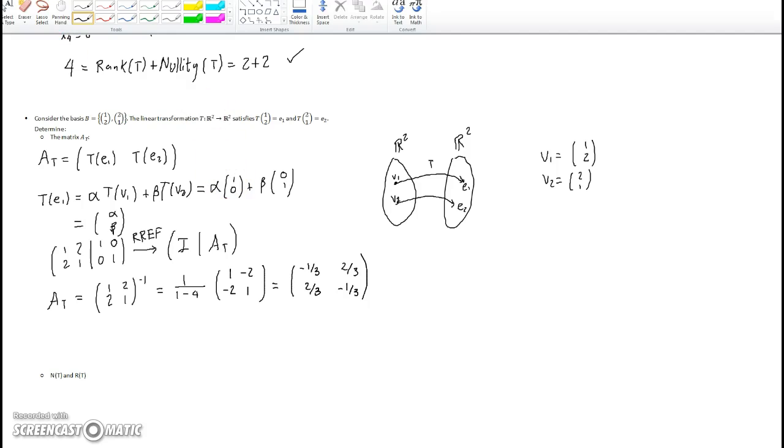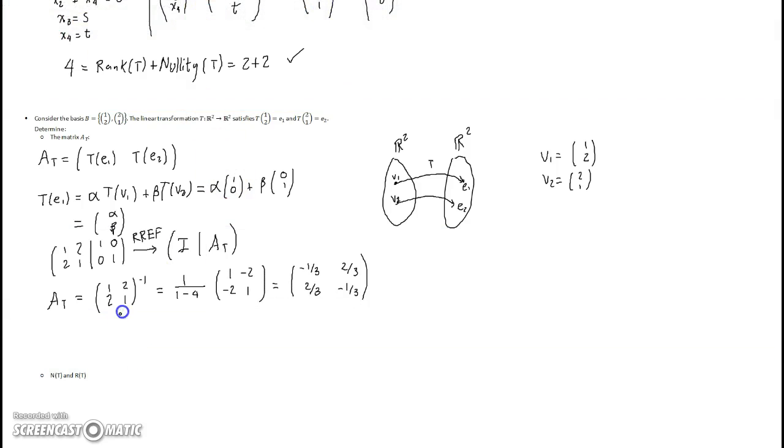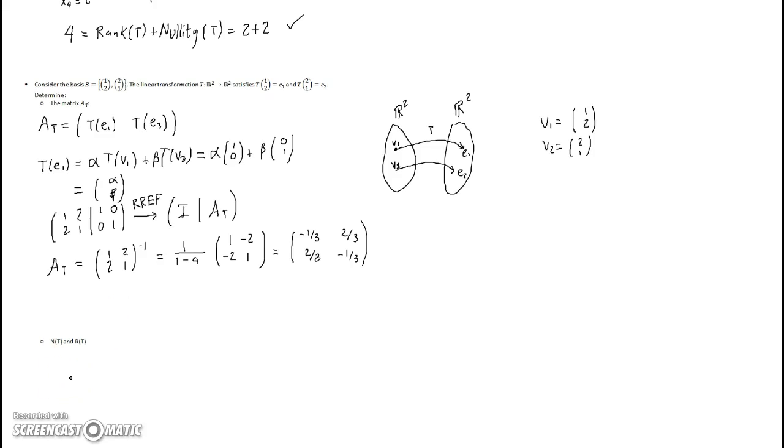Then if I want to find the null space and the range of this linear transformation, what I want to do is find the null space, or kernel, of the corresponding matrix. To do that, I need to find the reduced row echelon form. Once you do the calculation, since the columns are linearly independent, you're going to obtain the identity.